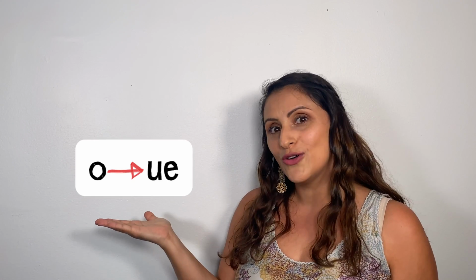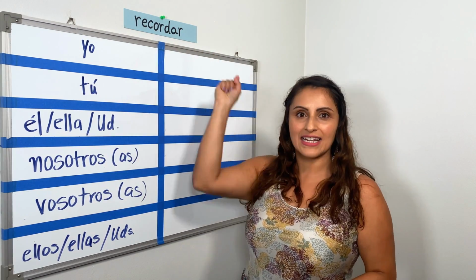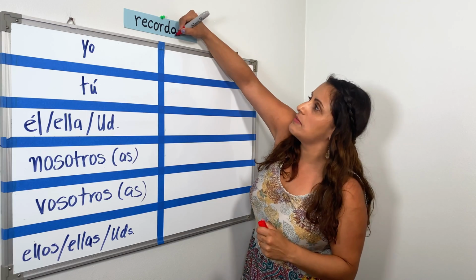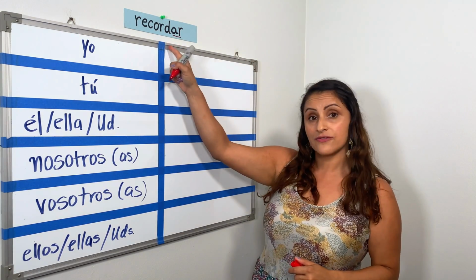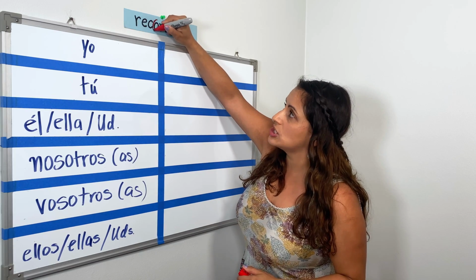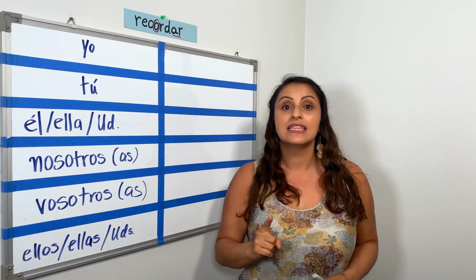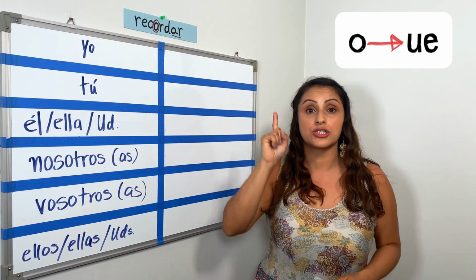Okay, so we have our verb recordar, to remember, but before we learn how to conjugate it, let's remember that the AR is the ending, and in this verb, we're going to be changing this O. Today's stem changing lesson is about verbs in which the O changes to UE.